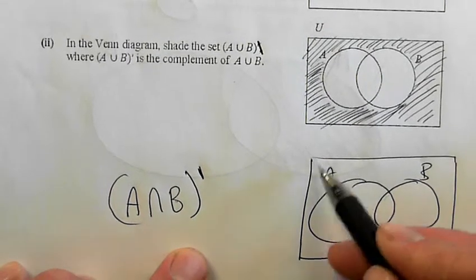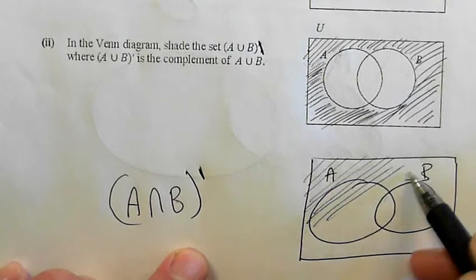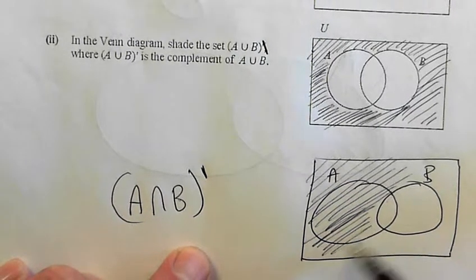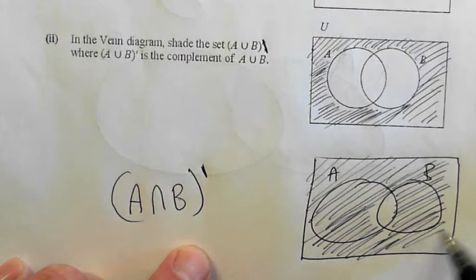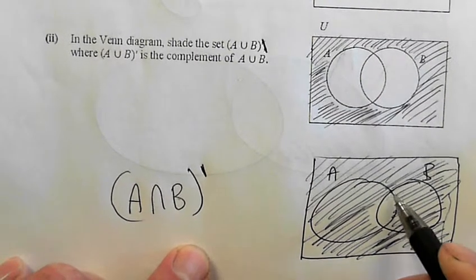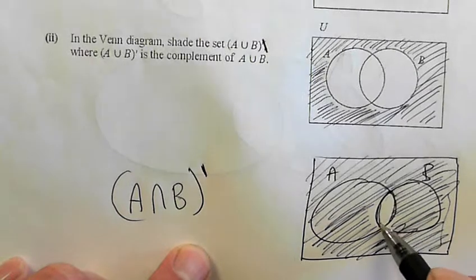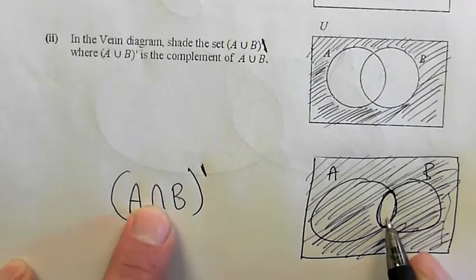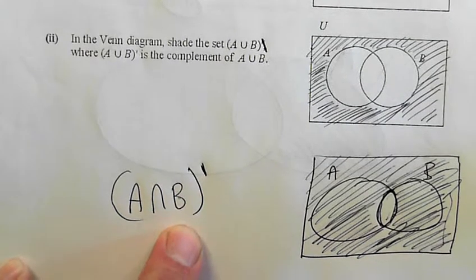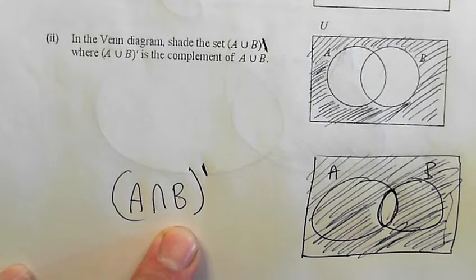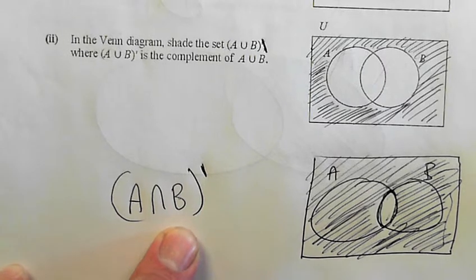What's outside it? So the only bit that's not shaded is A intersection B. So A intersection B less means everything outside of A intersection B. I want to see people taking note.